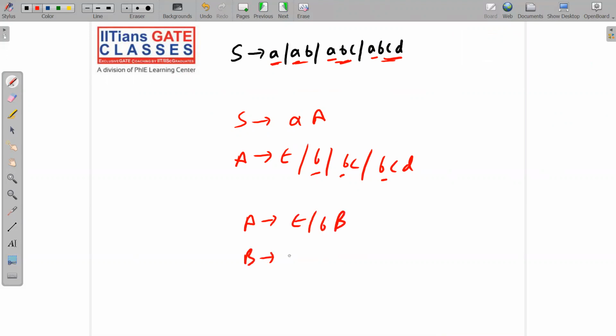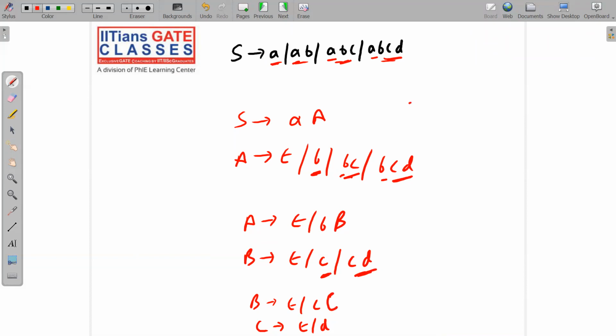Now capital B goes to null because of this, then small c because of this, then CD because of this. Here also we have a common prefixes problem, so B goes to null, then C capital C. Now capital C will go to null or D, null because of this, and small d because of this.